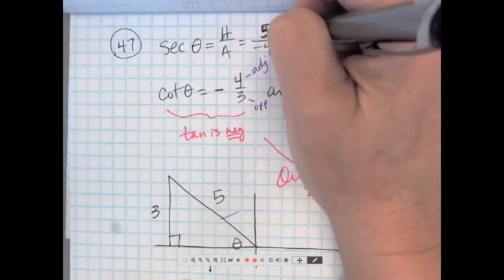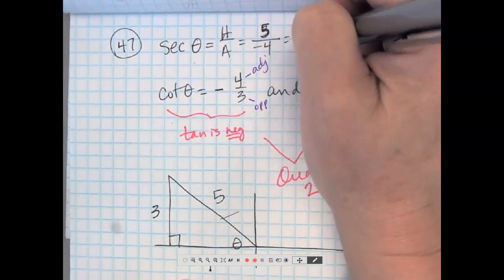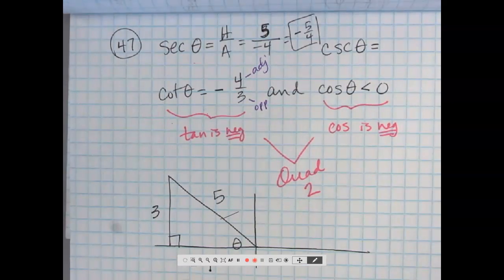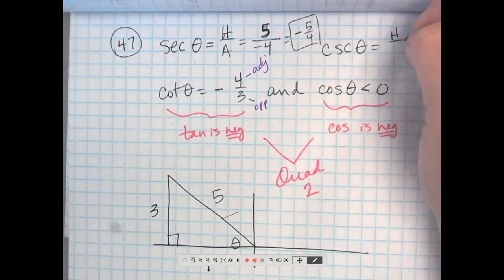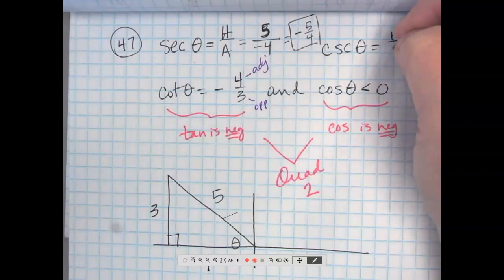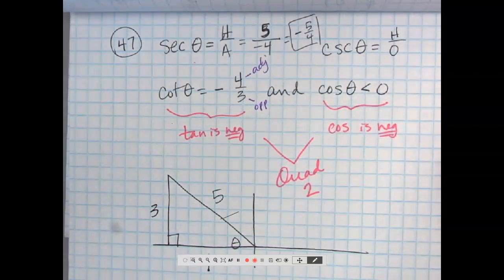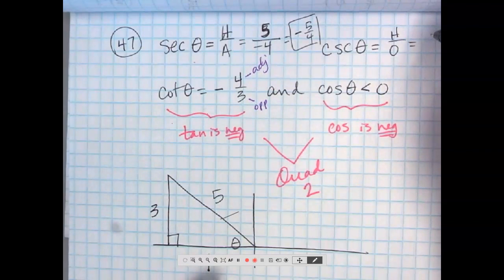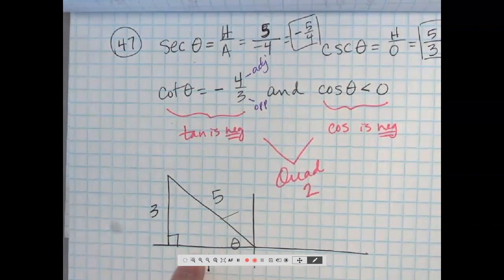So I'd probably just make it -5/4. Cosecant is whatever what? Hypotenuse, H over O. Hypotenuse over opposite. Hypotenuse is still 5. Opposite is 3. There we go.